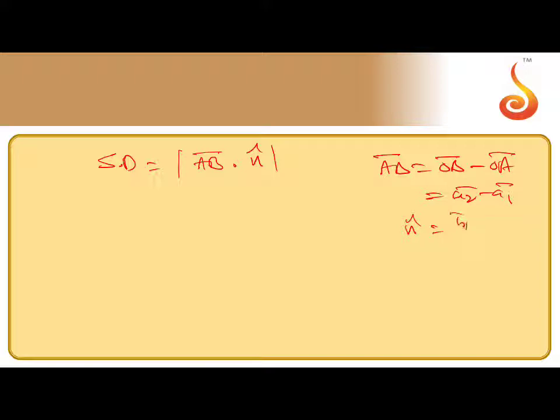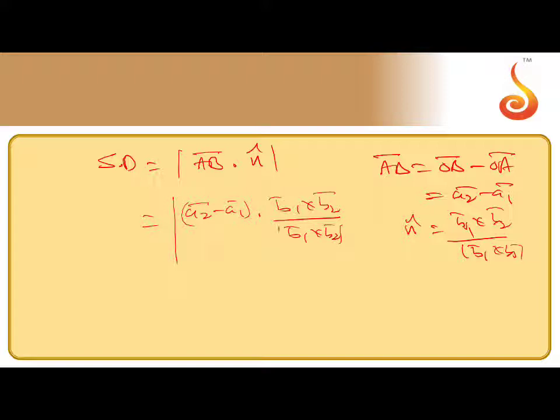Therefore SD equals the magnitude of AB dot n cap. Here AB is the position vector of B minus the position vector of A, that means A2 minus A1. Already we got n cap as b1 cross b2 by modulus of b1 cross b2. So now this is (A2 minus A1) dot (b1 cross b2) by the magnitude of b1 cross b2 only.